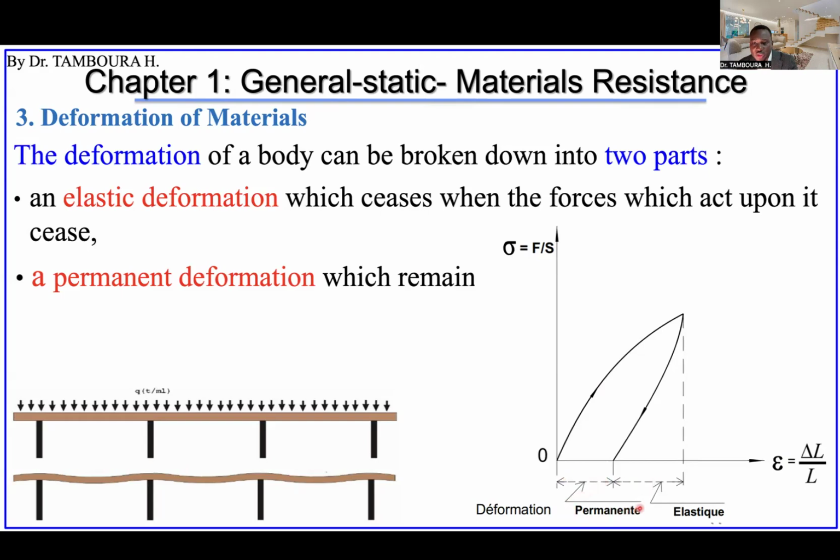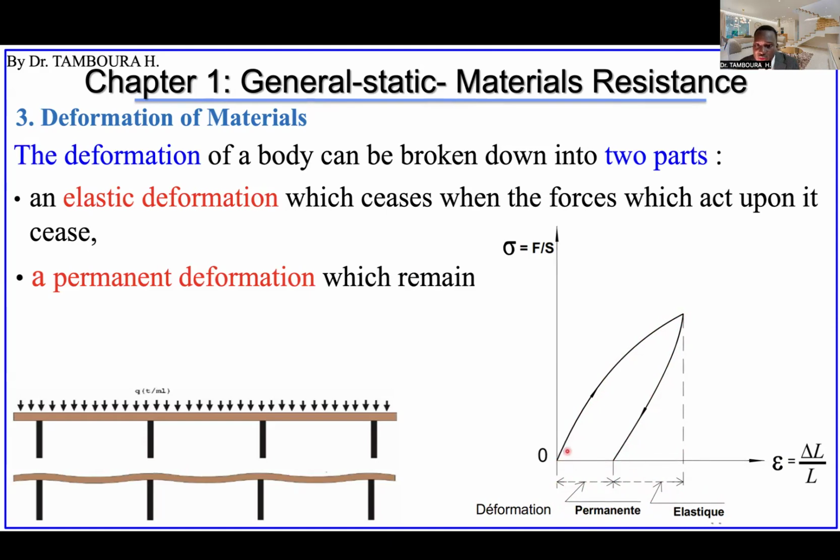Permanent. This is in French, by the way. So deformation, you can see elastic and permanent. It means when you apply the load up to here and you reduce the load, the material will try to recover, and it recovered this part. So we will call this elastic deformation. However, this part is already finished.